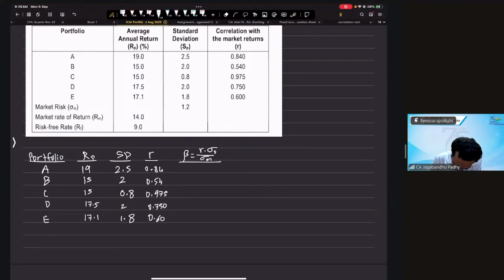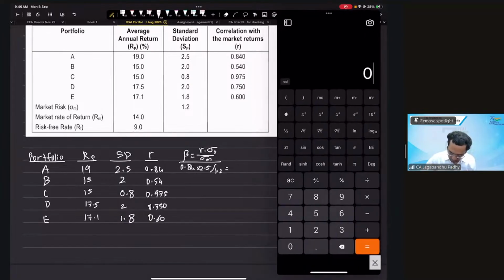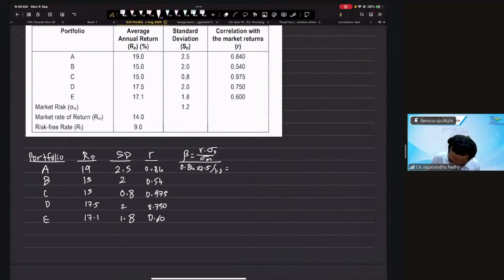So this is going to be 0.84 into 2.5 divided by 1.2. So what's the beta number? 1.75.